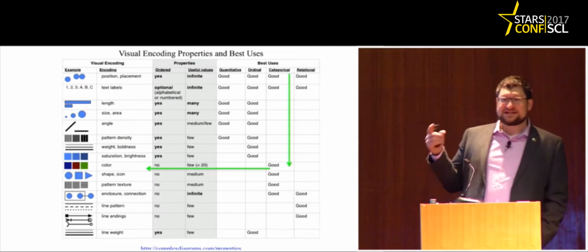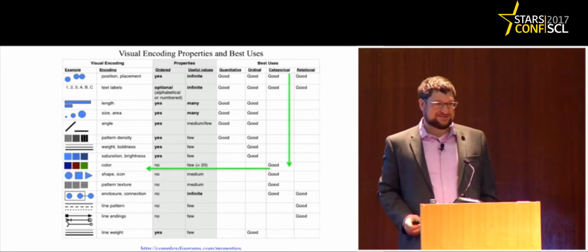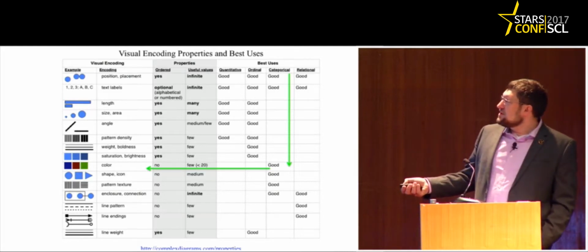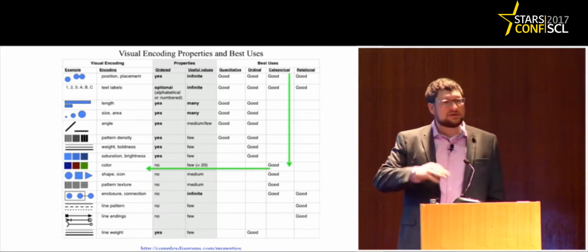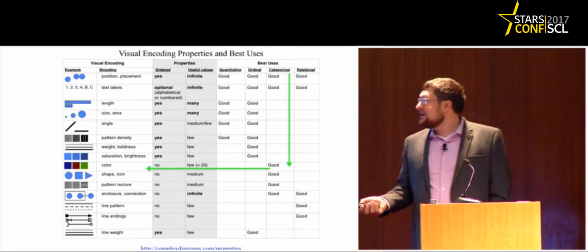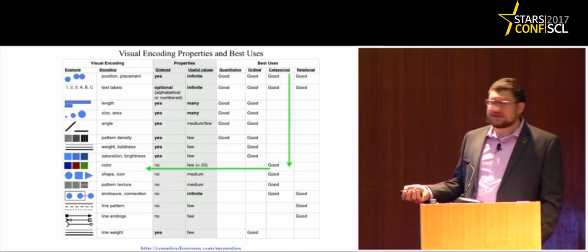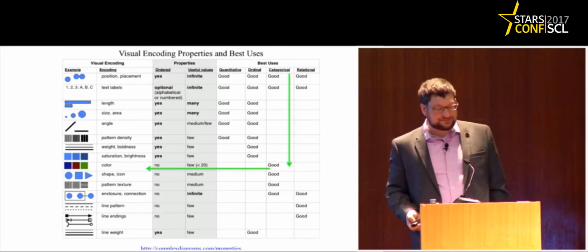What that means is you should not use different colors to represent numbers. You can use brightness, very light color to very dark color, to show how numbers change, but changing colors of the rainbow is probably not the best way to show numbers.